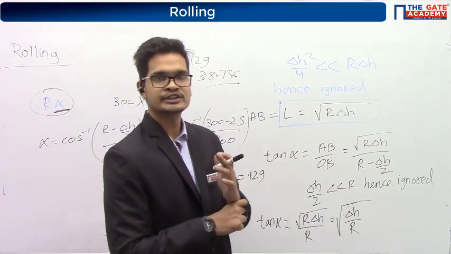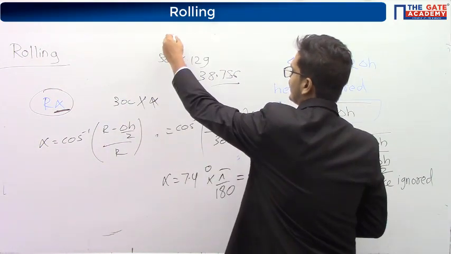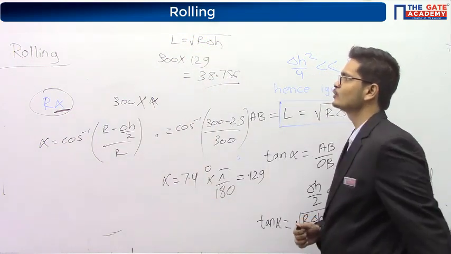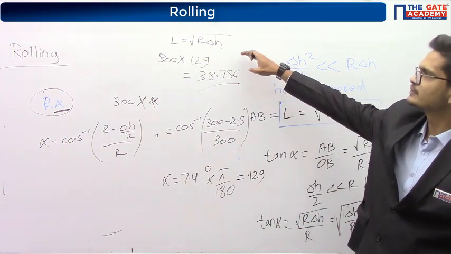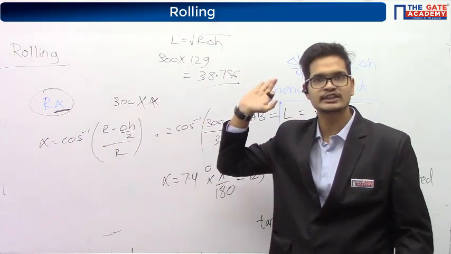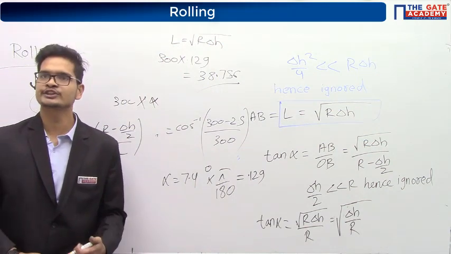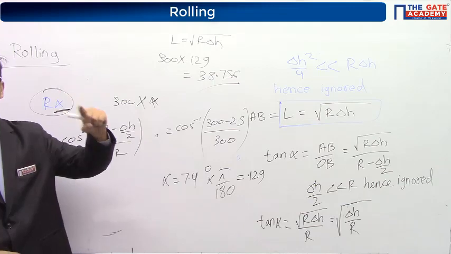See, Rahul has used directly the expression of L. L is root over of R delta H. Now guys, L is the length of the deformation zone. Here they are asking the roll strip contact length. Roll strip contact length means they are talking about the arc.